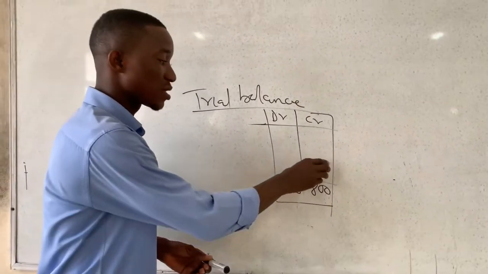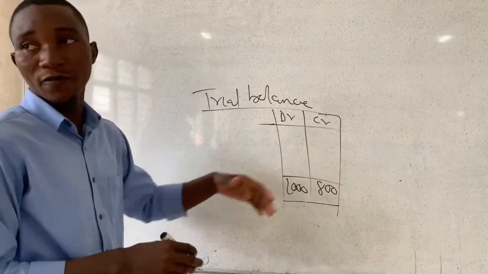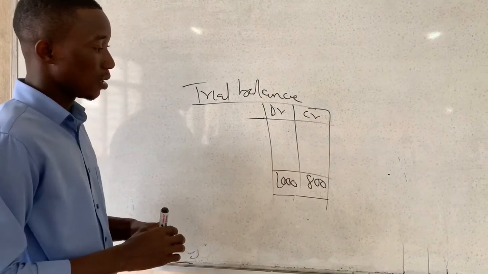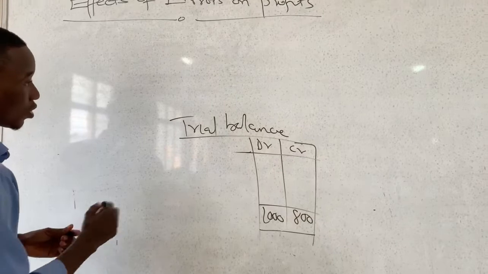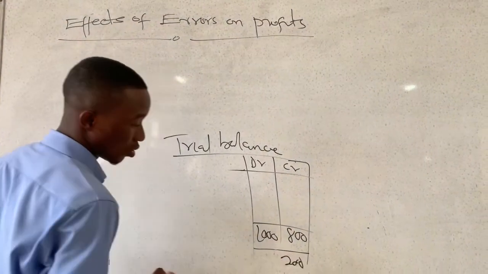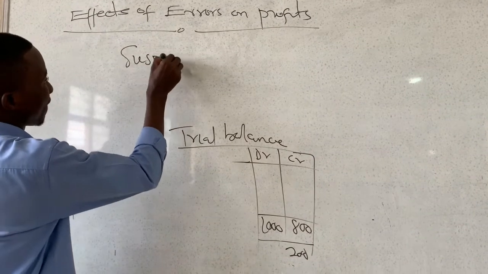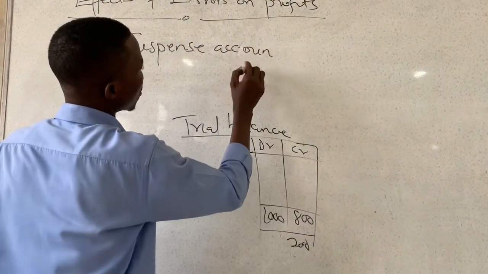So this $200 might be caused by an error, and we need to open the suspense account to cater for this error. Is that okay? So the credit side will be short by an amount of $200. So we open our suspense account this week. Here we will be short of $200 before it will be up to this. So we open our suspense account.